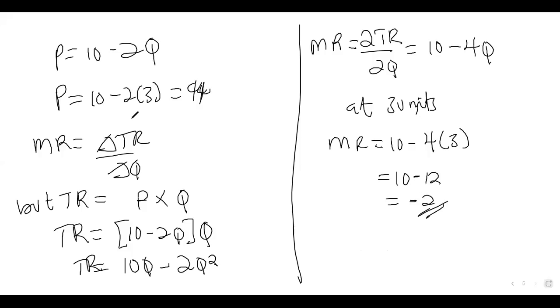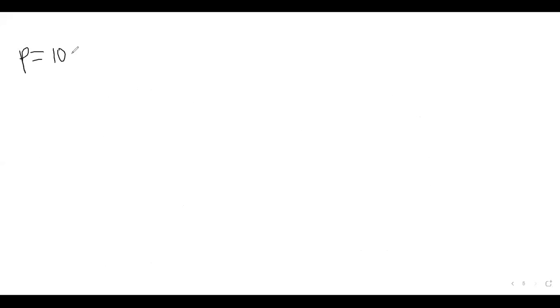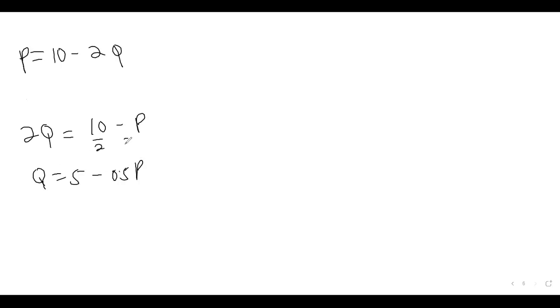P is equal to 10 minus 2Q. That means that when we want to find quantity, the minus 2 will cross. So 2Q is equal to 10 minus P. Divide both sides by 2. You have Q is equal to 5 minus 0.5P. Because here will be over 2, here will be over 2. So that's what will happen.